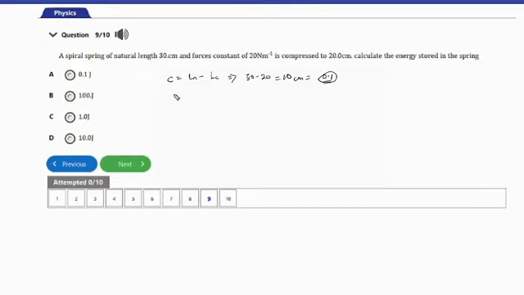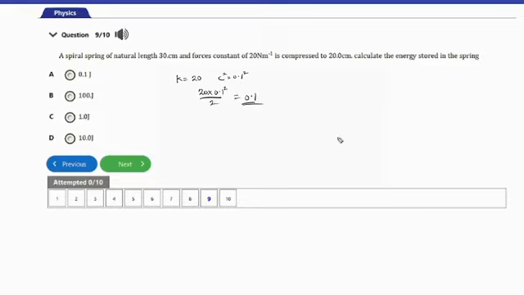So guys, if we have this as half kc squared, then k is 20, then times c squared is 0.1 squared. So 20 times 0.1 squared over 2 is going to give us 0.1, and that's option A here.